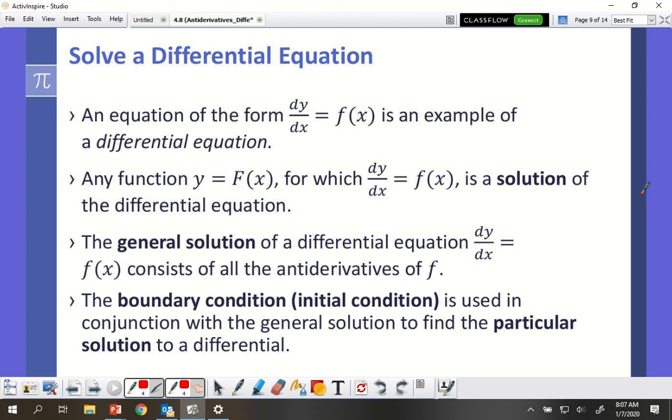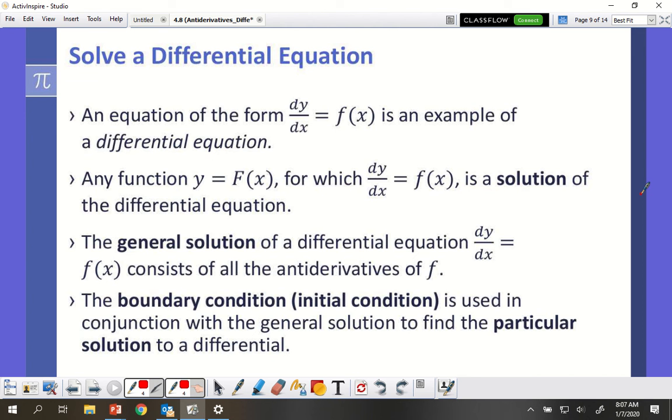All right, so let's see. Solve a differential equation. Now, for these right here, these ones are special. An equation in the form of dy/dx = f(x) is an example of a differential equation. Any function y = F(x) for which dy/dx = f(x) is a solution of the differential equation.